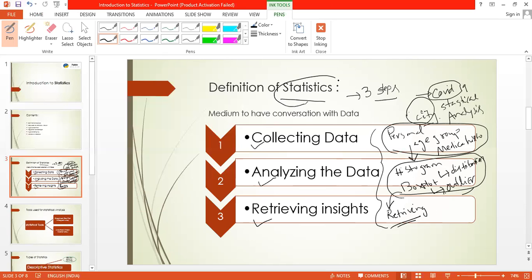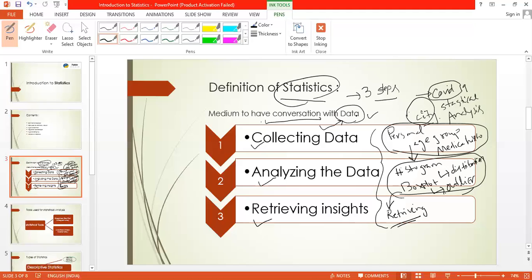So according to me, statistics is a language by which we can have a conversation with the data. It's a language, or you can say a medium, by which one can have a conversation about the data and know what hidden information is there in the data.